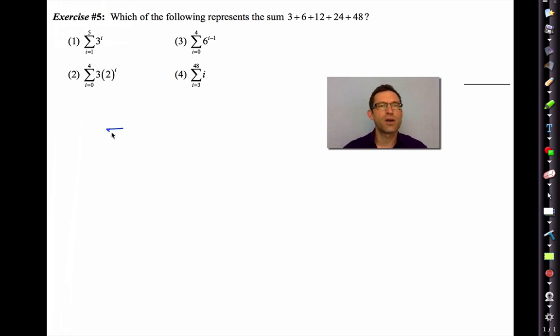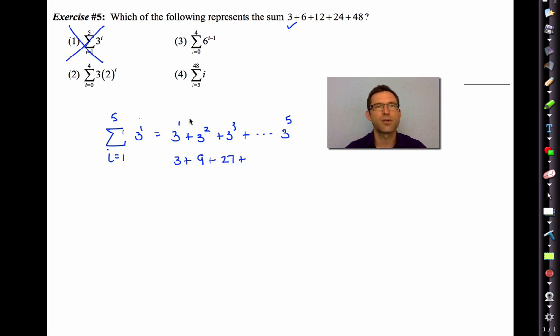So for instance, on the first one, if we have the summation of I equals 1 to 5 of 3 raised to the I, that would be 3 to the first plus 3 to the second plus 3 to the third plus 3 to the fifth. Well, 3 to the first is 3, certainly, so that's good. But 3 to the second is 9, and 3 to the third is 27. That's not the sum that we have, so that one's out.